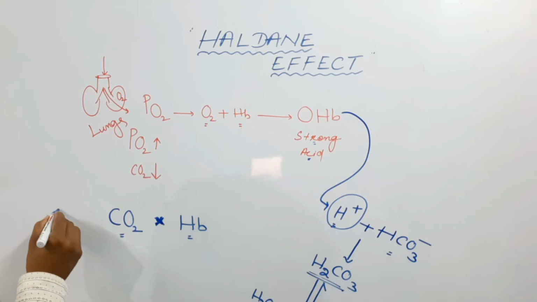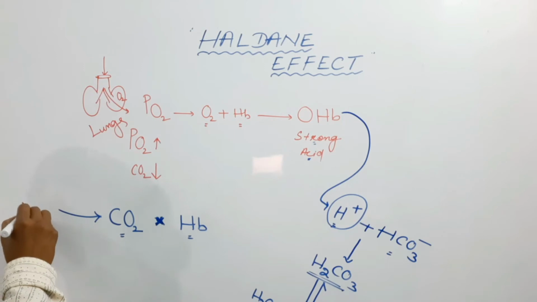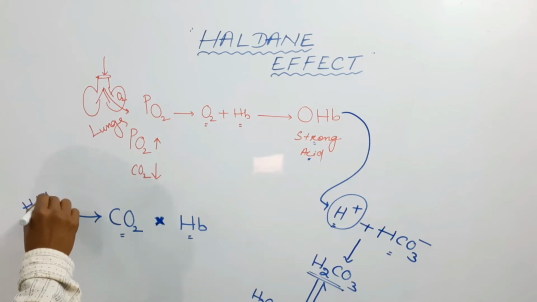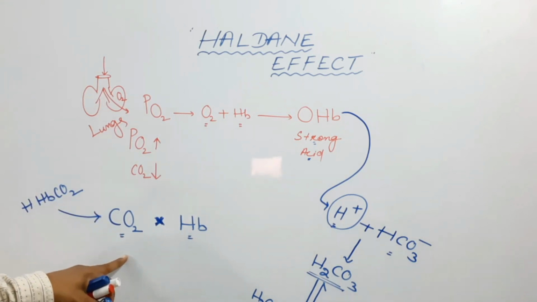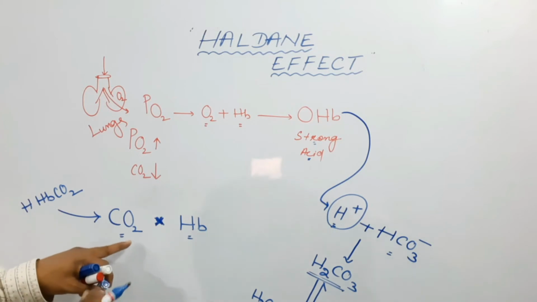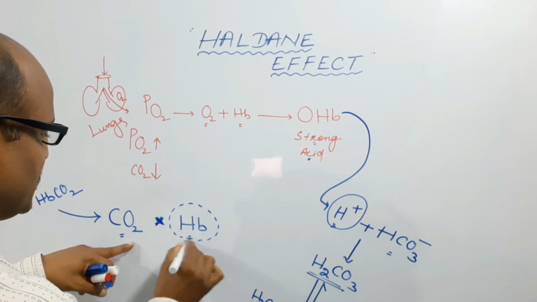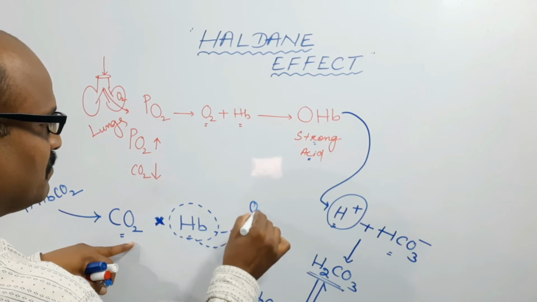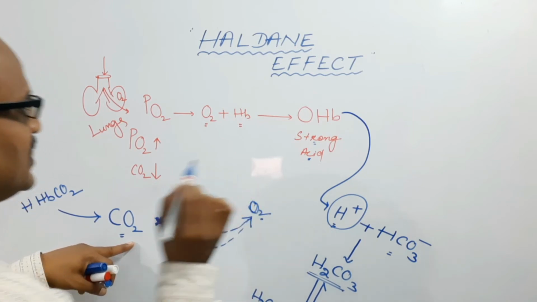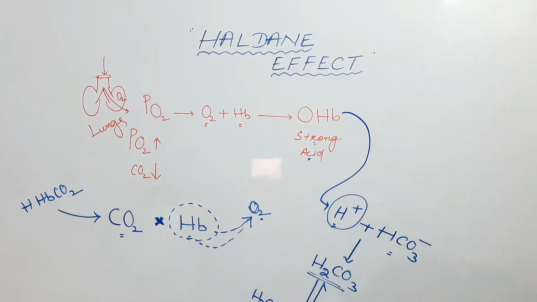More and more carbon dioxide is produced from carbaminohemoglobin, and it means that more and more hemoglobin binds with oxygen. Okay, and this is known as the Haldane effect.